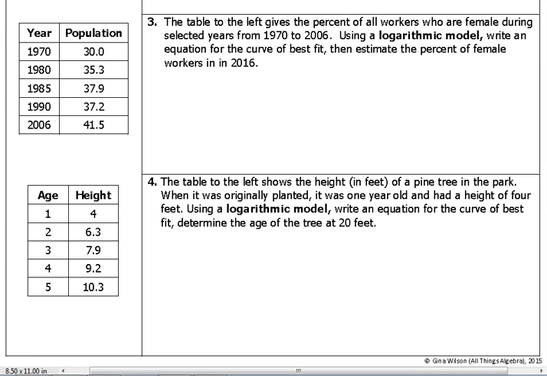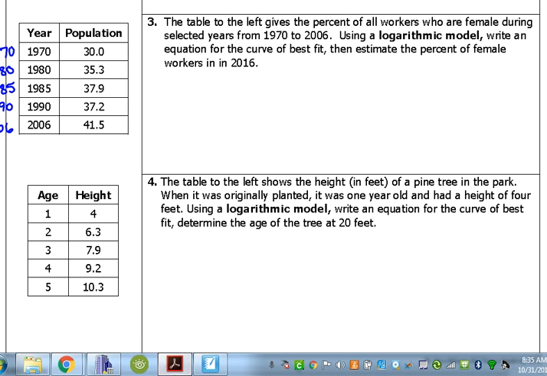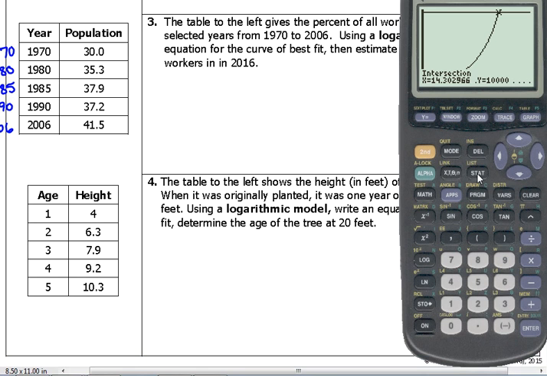So let's just say that 1970 is 70, 80, 85, 90. So 2006 would be what, 106? Okay, I'm kind of starting from 1900. That'd be 106. That's what we need to put in our table.